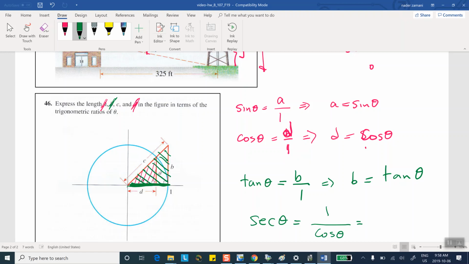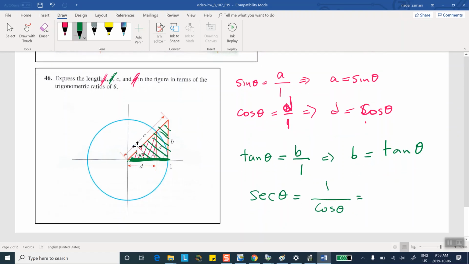So what is the cos theta in that green triangle?